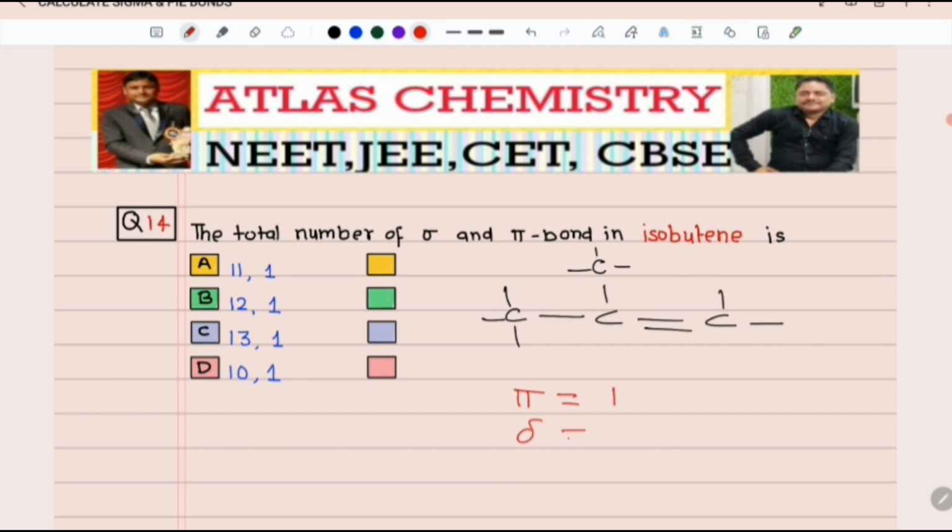Now we have to count the sigma bonds. 1 sigma, 2, 3, 4, 5, 6, 7, 8, 9, 10 and 11 sigma bonds. So in isobutene there are 11 sigma bonds. Only option A has 11 sigma bonds and 1 pi bond, so option A is the correct option.